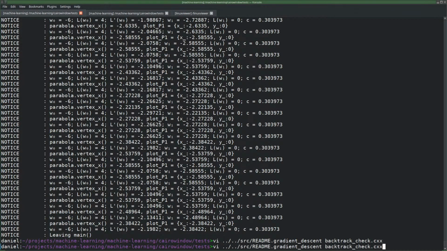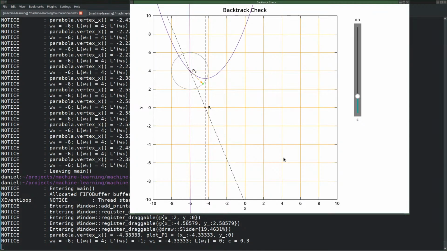First of all, actually, there is some positive side to it. It does go through P0. Ta-da!